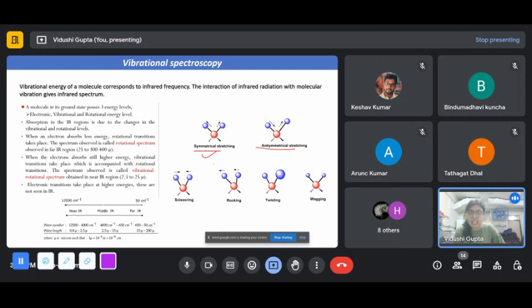Now moving to the second mode of vibration, that is bending. In bending, there are four types: scissoring, rocking, twisting, and wagging. Out of these, scissoring and rocking are the in-plane bending modes, while twisting and wagging are the out-of-plane bending modes.